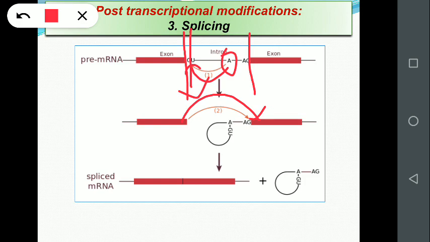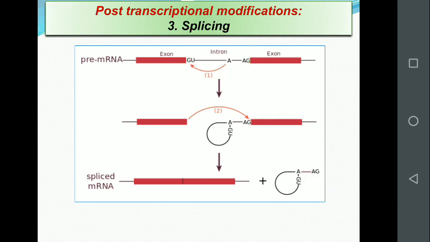Now these two are joined and the intron is released. This is called splicing. In splicing, the introns, which are non-coding sequences, are simply removed from the nascent or pre-mRNA, and the exons are joined together to form a functional mRNA. Now that functional mRNA is ready to undergo translation. The mature mRNA molecule enters the cytosol where translation takes place.